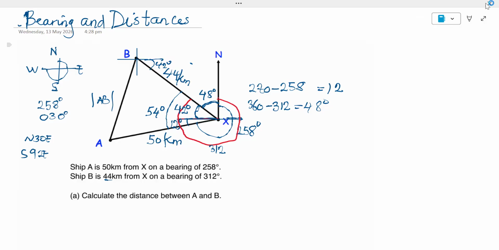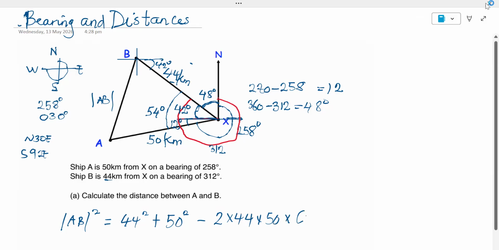So for us to calculate the distance AB, AB squared is going to be equal to, if I'm using cosine rule, 44 squared plus 50 squared minus 2 multiplied by 44 multiplied by 50 and multiplied by the cosine of the angle that is opposite this side that we are looking for, which is 54 degrees.